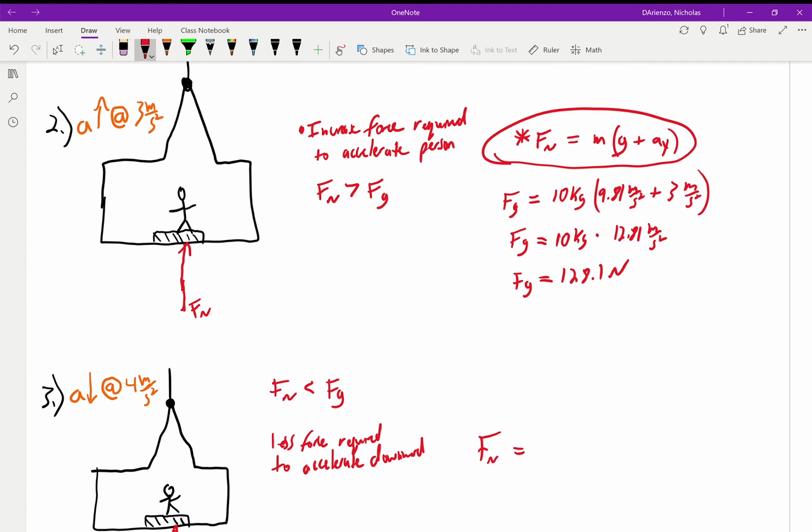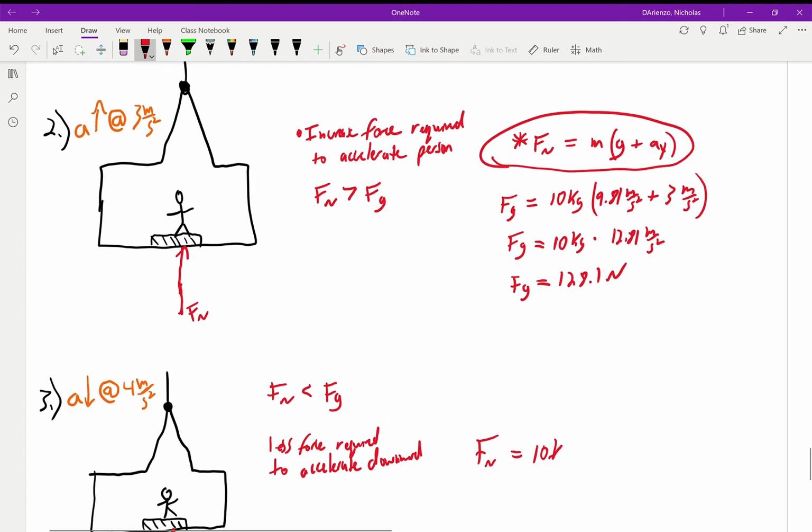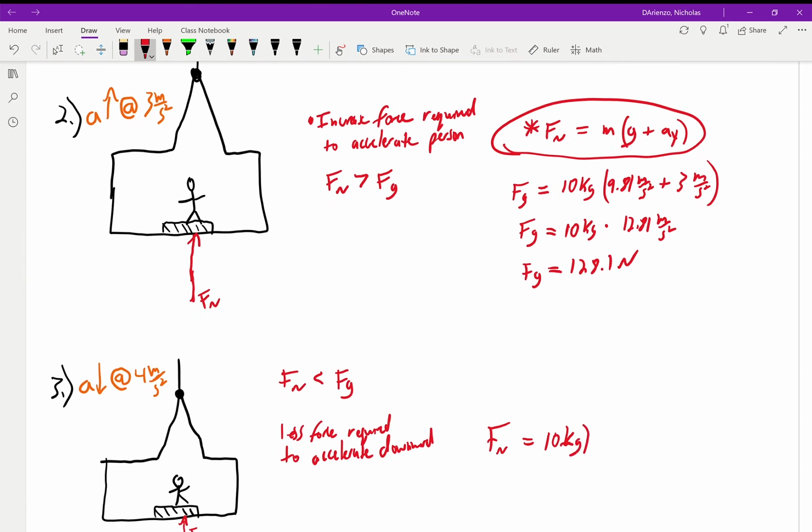F of n here, our mass still stays the same, 10 kilograms. But now we have 9.81 meters per second squared. And we have an acceleration in the opposite direction. So we're going to add a minus 4 meters per second squared, which will cause us to subtract that away.